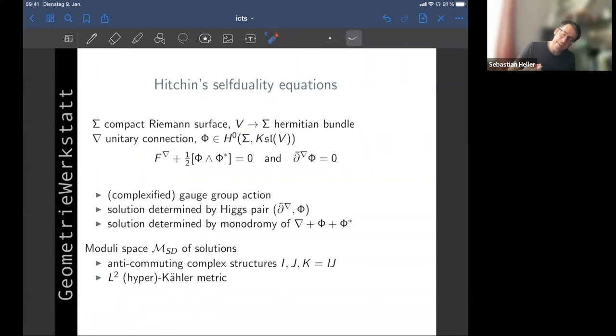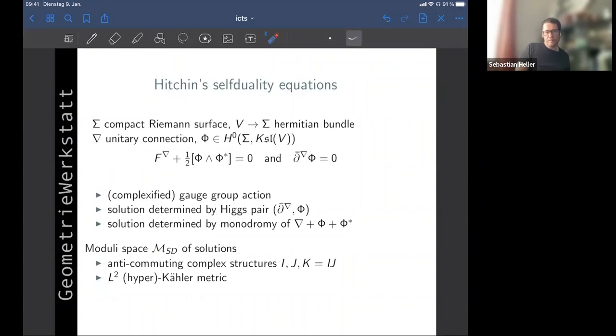It was proven by Hitchin that I and J are anti-commuting, so the product of these two gives a third complex structure K.